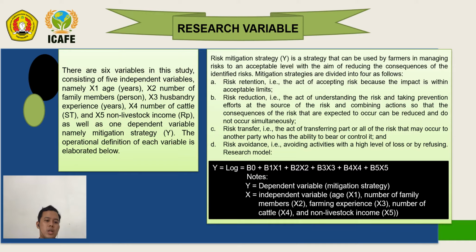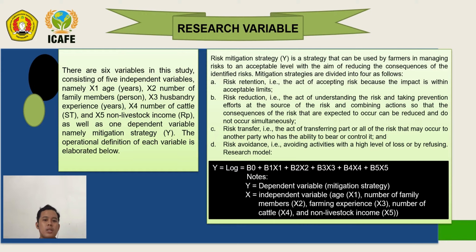The operational definition of each variable is elaborated below. And risk mitigation strategy is a strategy that can be used by farmers in managing risk to an acceptable level with the aim of reducing the consequence of the identified risk.